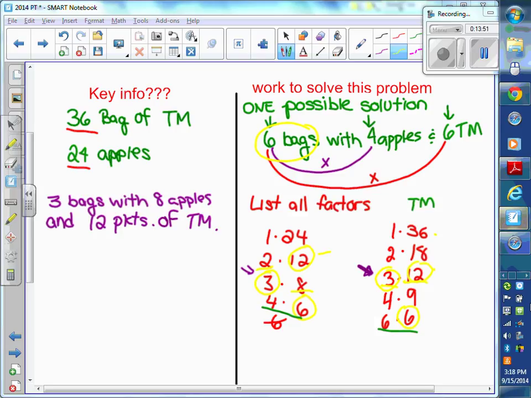Any better? Okay, Chloe, what's another combination? Could we have 9 bags? No. Could we have 4 bags? Because 4 is a common factor, right? So Jacqueline, if we had 4 bags, how many apples would be in each bag?